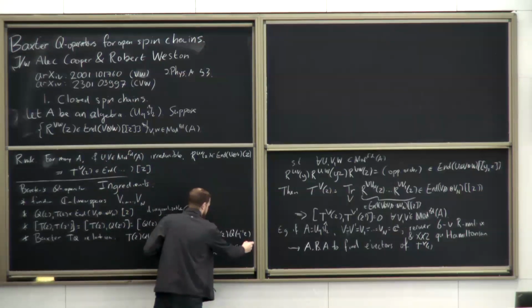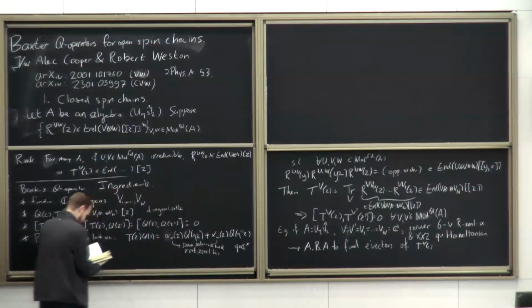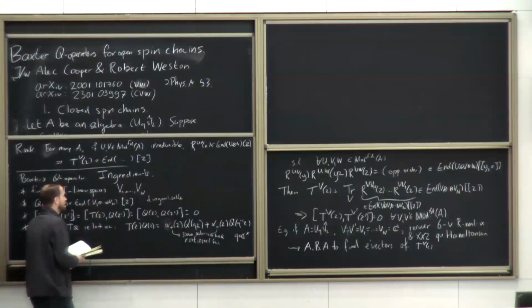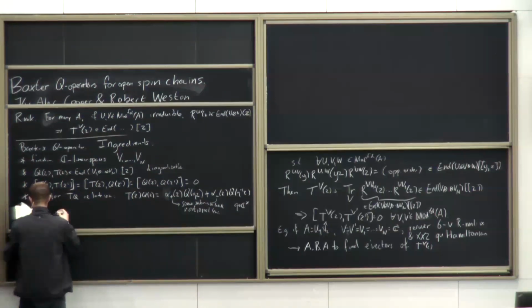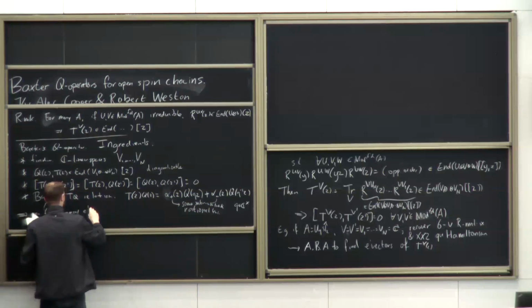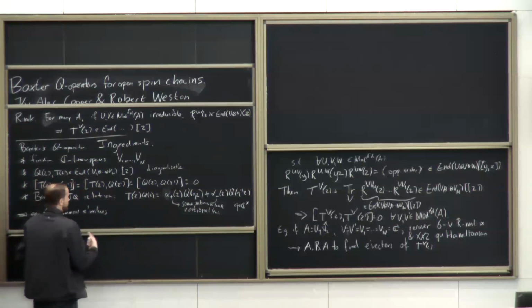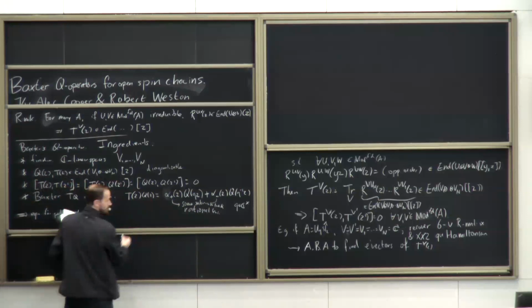So why is this interesting? You get an equation for the eigenvalues of Q, namely they are polynomials and they satisfy a certain functional relation, basically the same equation. Because it's a polynomial, you can set z equal to a root of this polynomial.